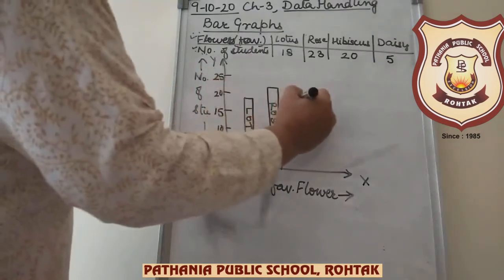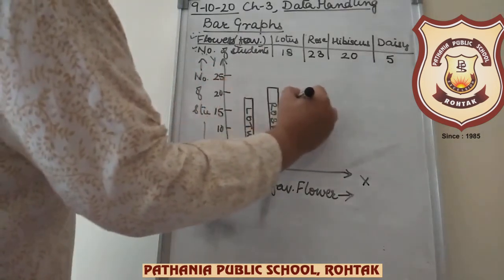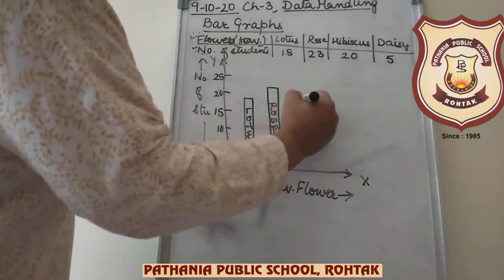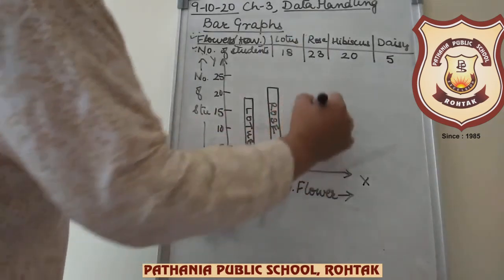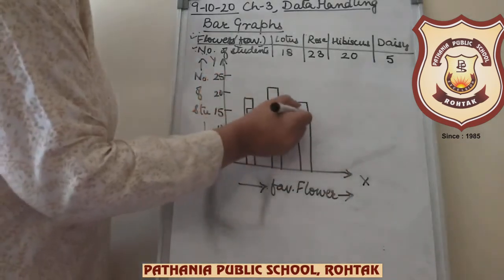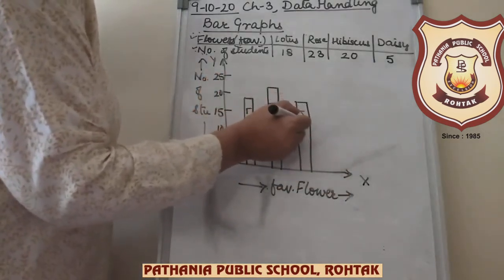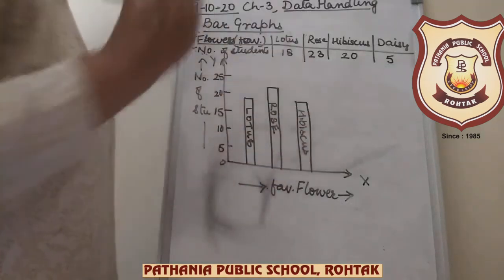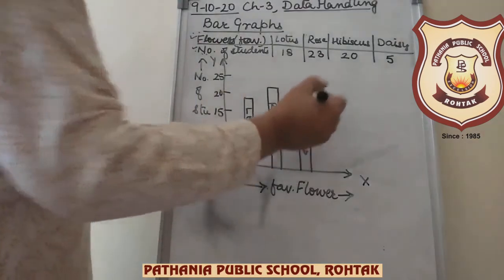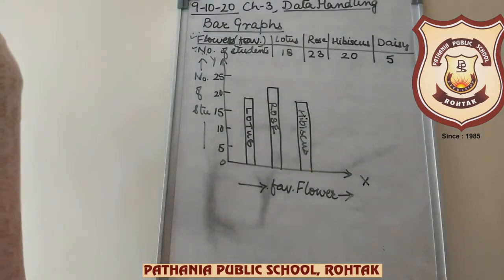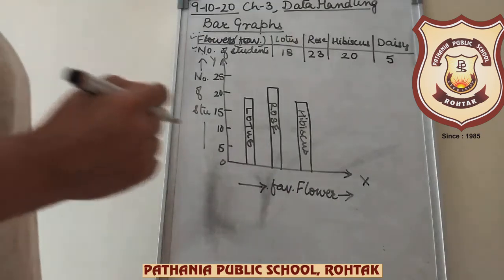Now comes hibiscus. Its value is 20. So I will write hibiscus. So this bar represents the number of students who like the hibiscus flower.